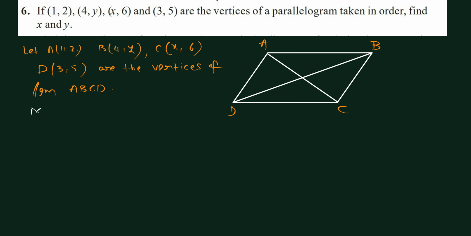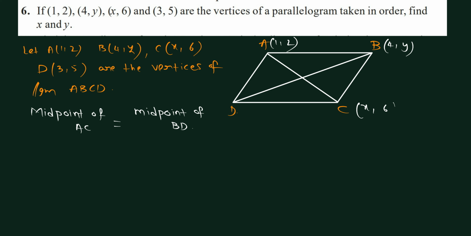Write down: midpoint of AC is equal to midpoint of BD. So here A is (1, 2), B is (4, 5), C is (x, 6) and D is (3, 5).